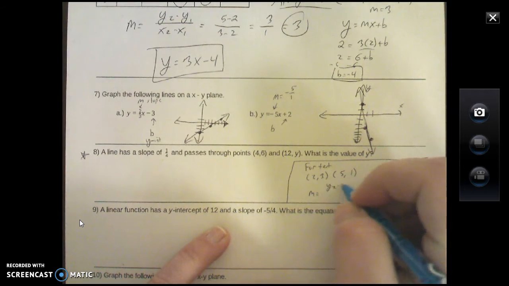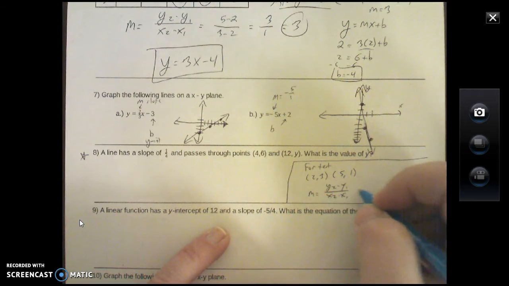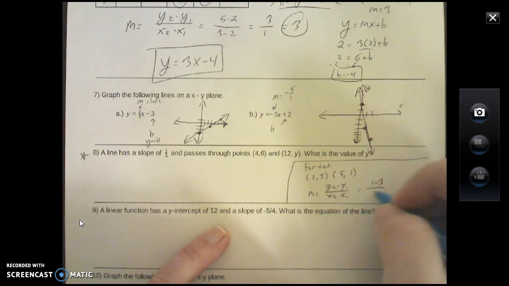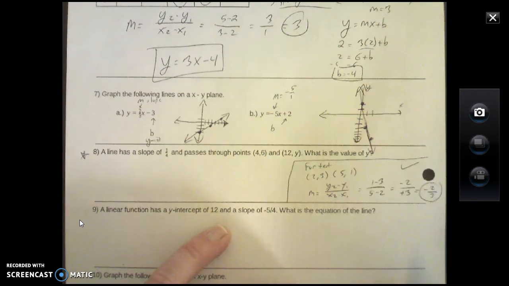So you do y2 minus y1 over x2 minus x1. So you get 1 minus 3 over 5 minus 2, -2 over 3, which is -2/3.